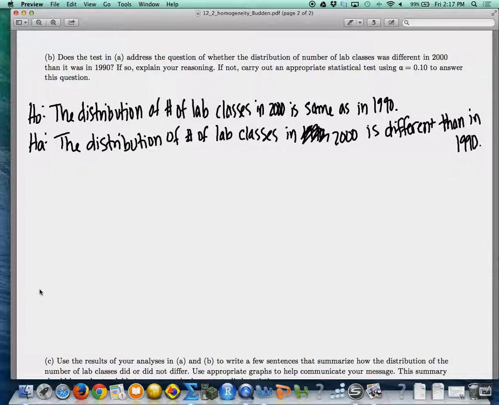You guys remember that? Okay, so the way it works here is the same way, except you're given two different tables. So the first thing that you have to do is put them into one. So I'm comparing 1990 to 2000, and then you could take 0 through 5 lab classes.